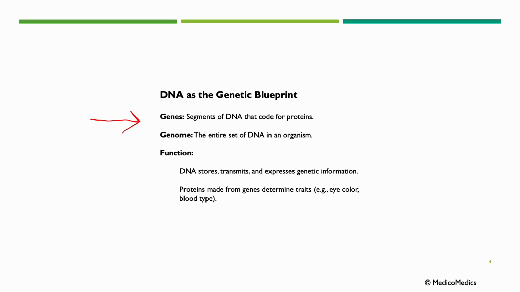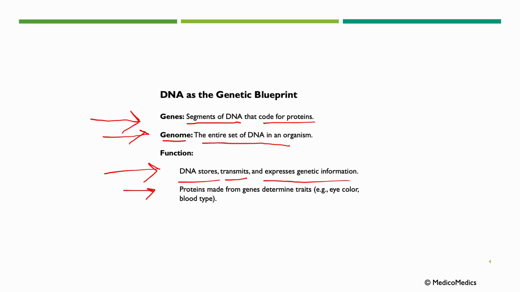So DNA as a genetic blueprint. We have genes that are segments of DNA that code for proteins. And we have another term, which is genome, which is the entire set of DNA in an organism. Now, the function is that DNA stores, transmits, and expresses genetic information.